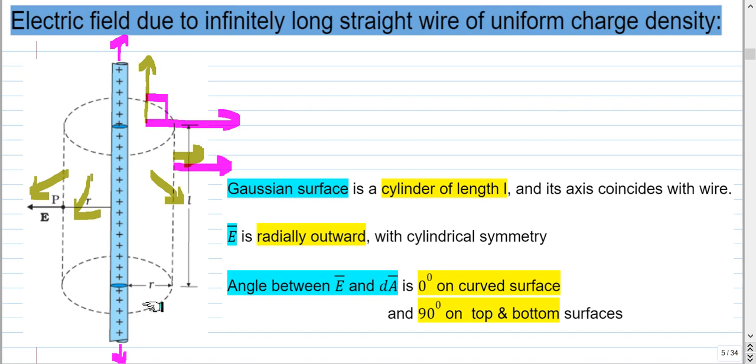On the bottom surface, the electric field direction is radially outward, but the area vector, which is the outward normal, is in the downward direction. So the angle between them is 90 degrees. So the angle between the electric field and the area vector is 0 degrees on the curved surface and 90 degrees on the top and bottom surfaces.